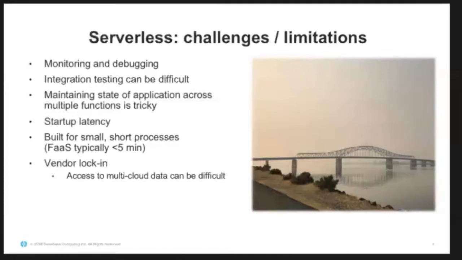The startup latency is actually still a thing. That's where if you start up your function, there might not be a provisioned server waiting for you, and so you might have a little bit of delay while AWS or whoever the cloud provider is brings that up. It's built for small and short processes. This is function as a service again.